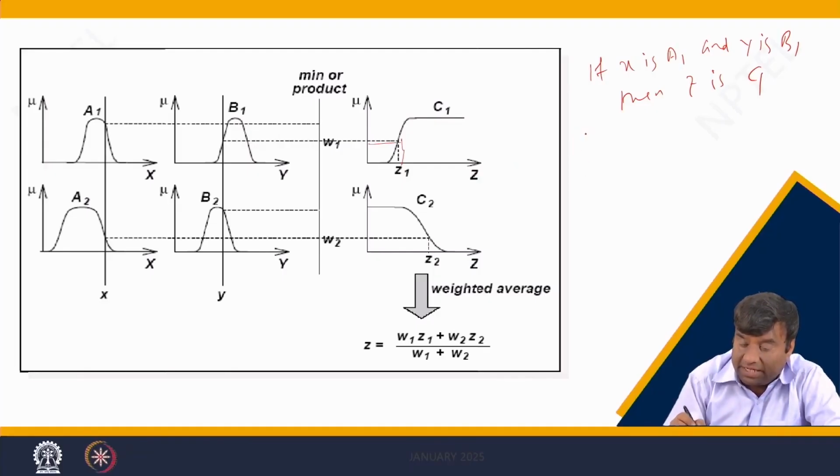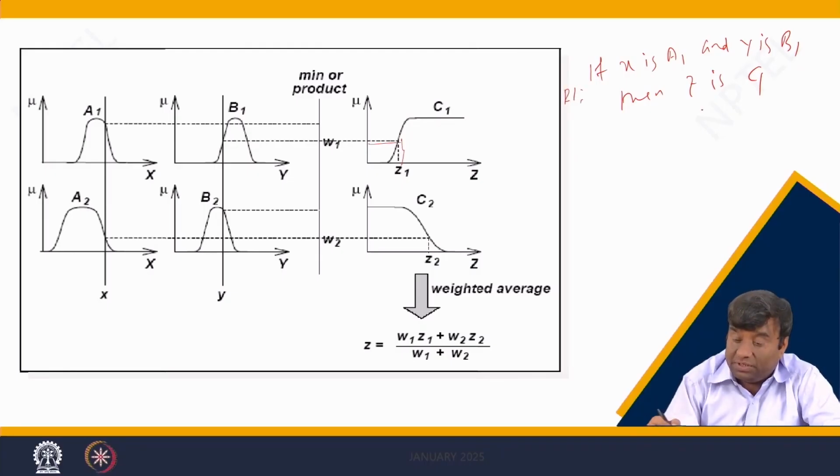So this is rule R1: if x is A1 and y is B1, then z is C1. Rule R2 is that if x is A2 and y is B2, then z is C2.